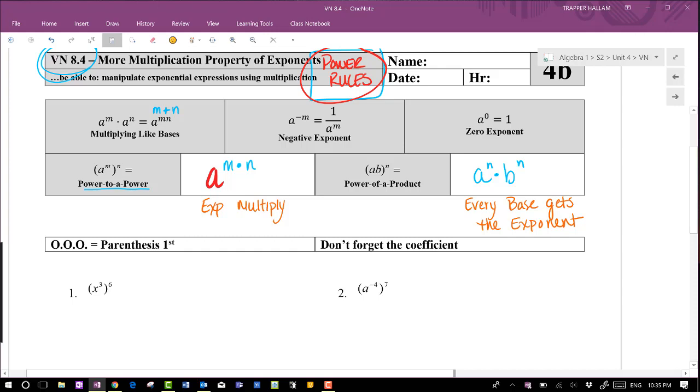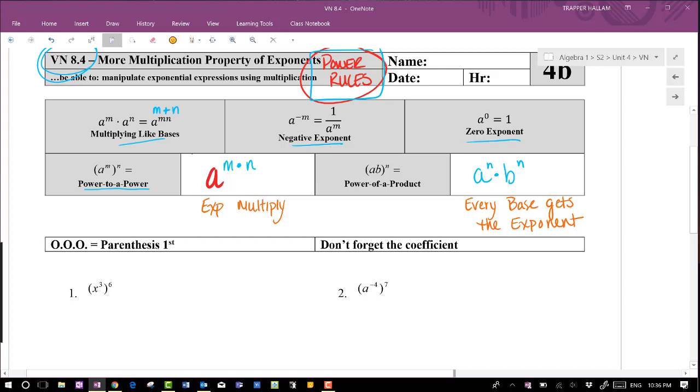Okay, so very similar to what happens here, but these powers are being multiplied in the power to the power. This one says that every base inside that's being raised to the power of a set of parentheses should receive that power. And again, don't forget our multiplying of like bases, what happens with negative exponents and zero exponents. Those will all come into play here.